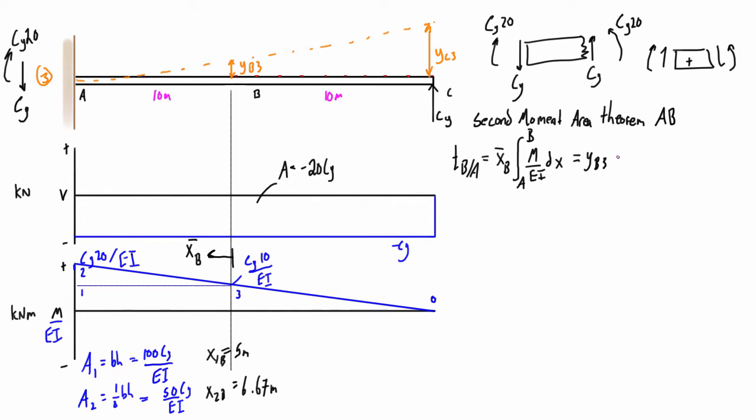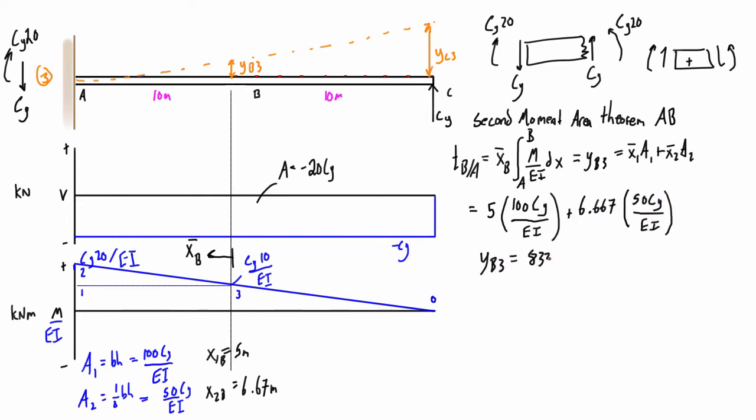All right, so we can plug this stuff in, so this is equal to x bar 1 A1 plus x bar 2 A2. And if we plug all that stuff in, we find that YB3 is equal to 833 CY over EI.